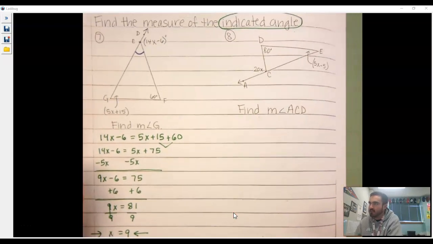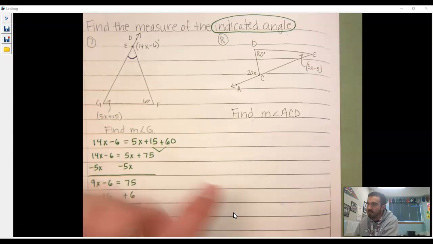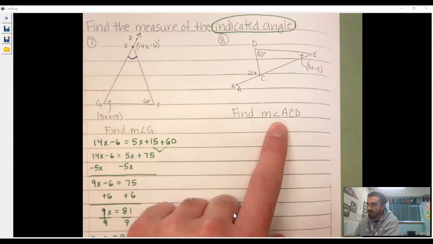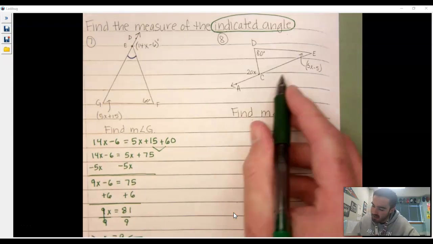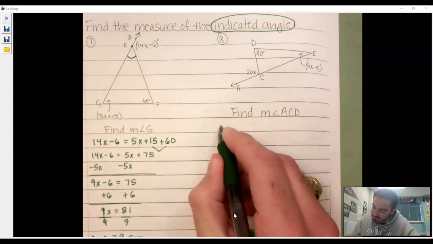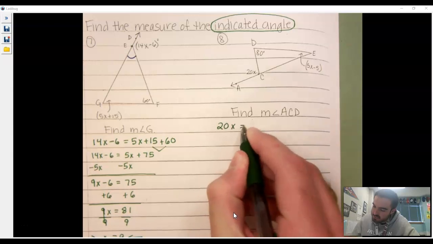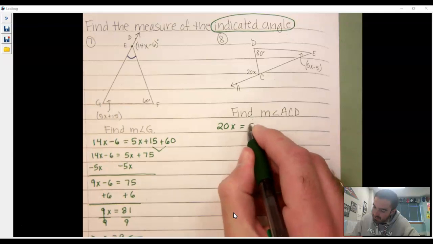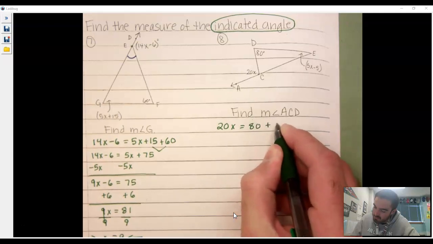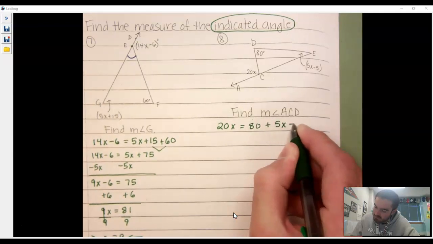Okay, number 8. Same idea. We're still trying to find the measure of an angle, but we need to solve for x first. Our exterior angle is 20x, which equals the sum of our remote interior angles, 80 plus 5x minus 5.